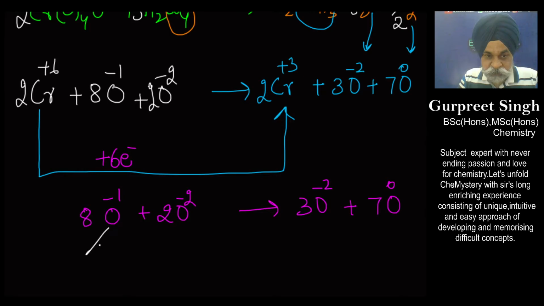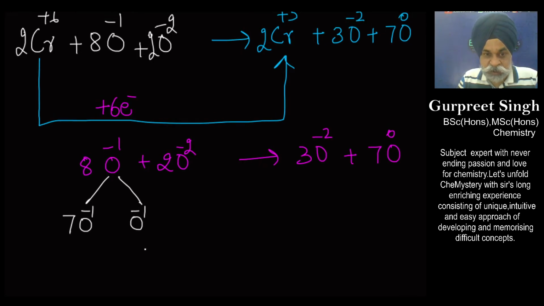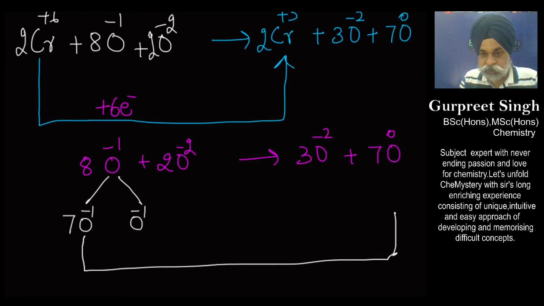Okay, now see here what I shall be doing. I just further divide it like this: 7 oxygens of -1 and 1 oxygen of -1. This 7 oxygens of -1 goes to 0. If it goes to 0, what has happened?